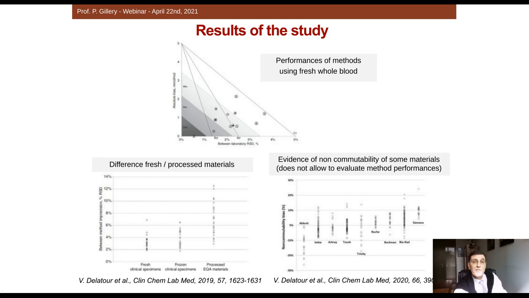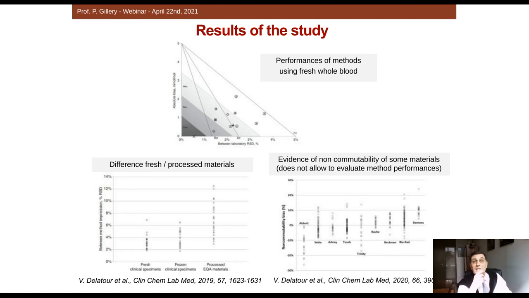So you can see the difference of results according to the type of sample used. And then on the right panel, you can see that various results were obtained using different methods, and this shows the non-commutability of some materials.